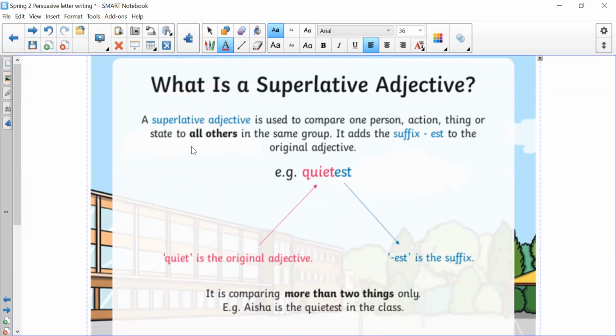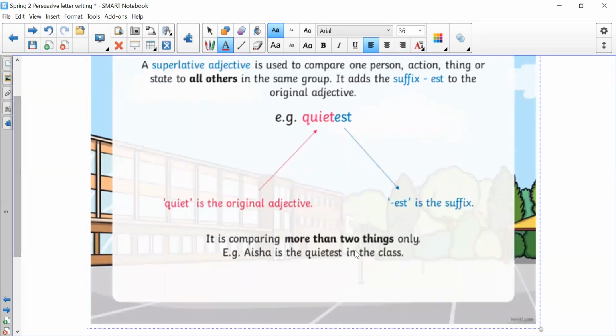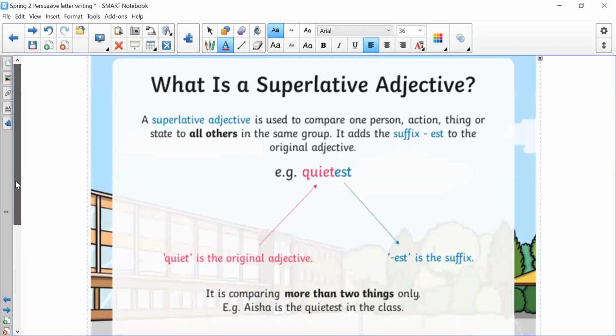Okay, so what about a superlative adjective? A superlative adjective is used to compare one person, action, thing, or state to all others in the same group. It adds the suffix -est to the original adjective, e.g., quiet becomes quietest. And remember, it is comparing more than two things only. Aisha is the quietest in the class.